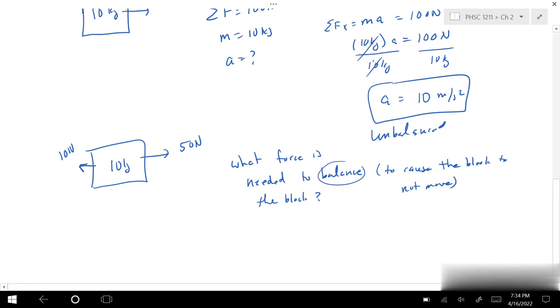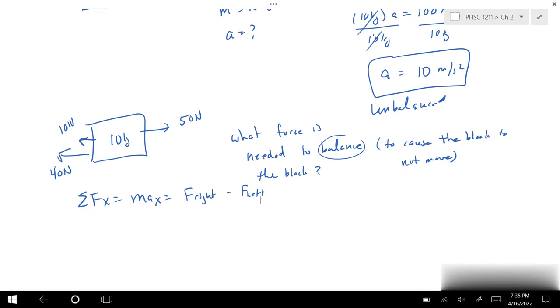So I have 50 newtons going to the right and 10 newtons going to the left. So I can already hear you shouting, we need 40 newtons going to the left. So I want it to be balanced, so the sum of our forces in the x direction, ma in x, which is force to the right minus force to the left. If you're not seeing what we just did conceptually, let's go through and look at it. We want it balanced, so that means my acceleration is 0.